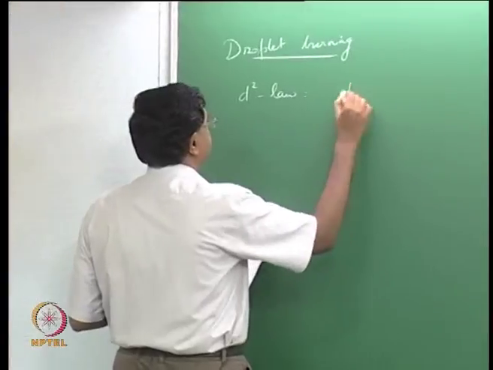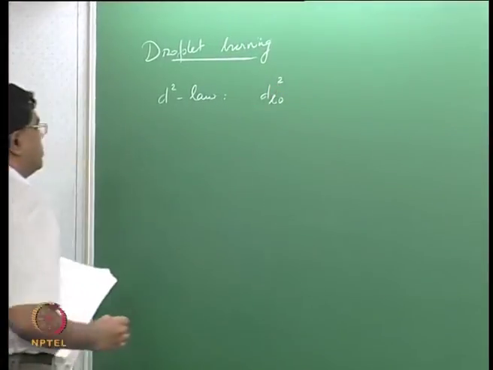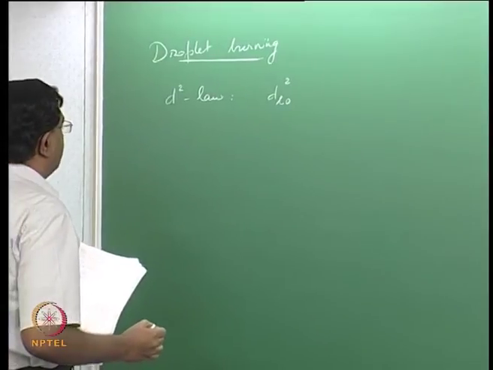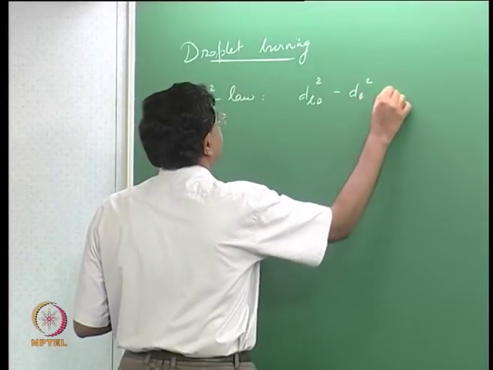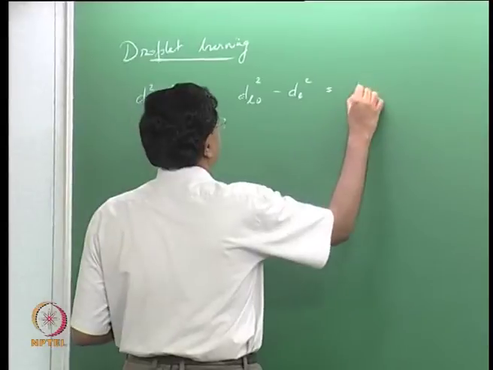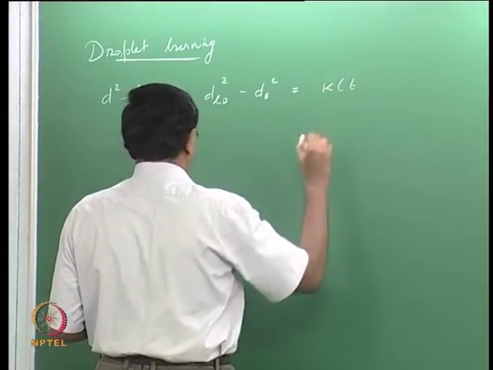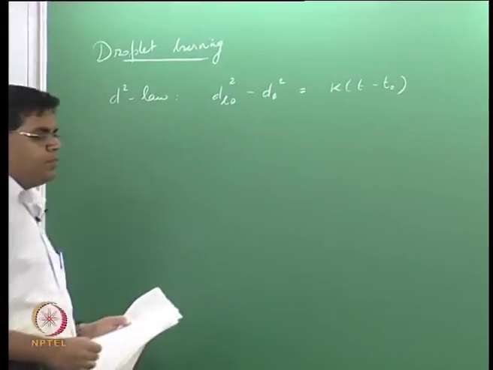If you start with an original diameter for the liquid droplet, d_l naught squared, and then the diameter decreases to d_l squared at any time t, this is simply given by k times (t minus t naught). This is what is called the D-squared Law.